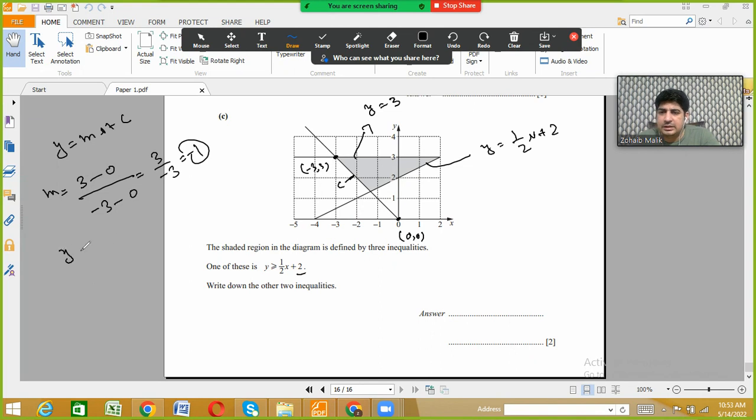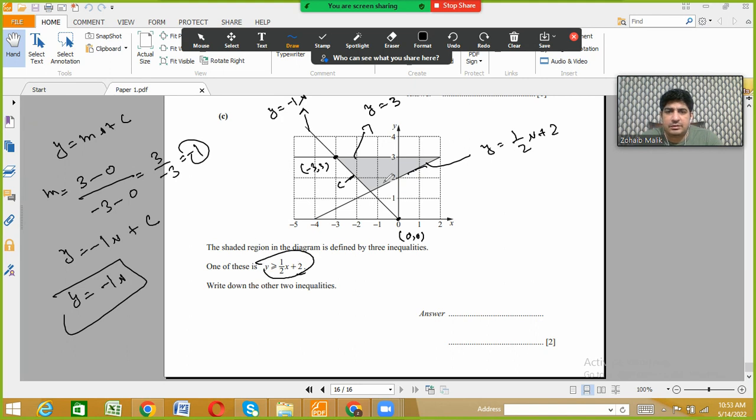So the equation is y is equal to minus 1x plus c. And the c is basically the y-intercept, and I can see this is going to intersect the y-axis at 0. So c is 0, the equation becomes y is equal to minus 1x plus 0. So its equation is y is equal to minus 1x. Now because we have to change them into inequalities, this is already done by the question.